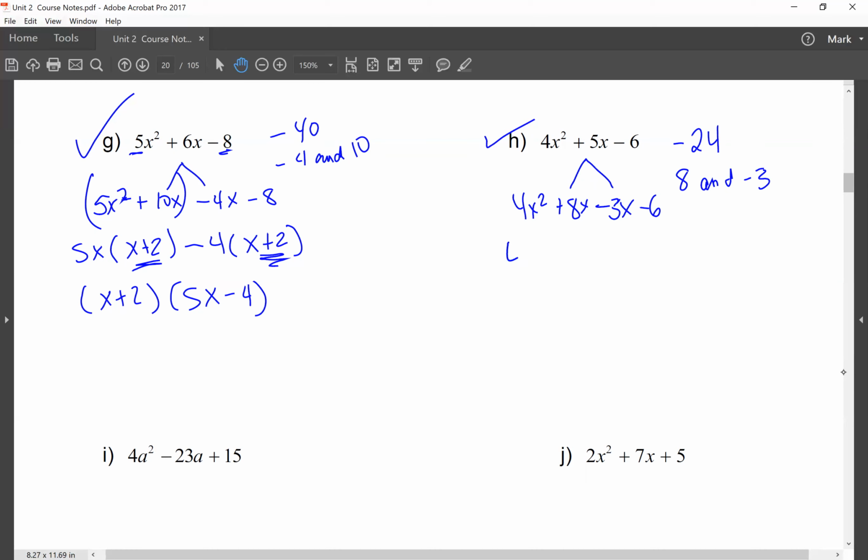I'm going to factor out from the first one a 4x, leaving me with x plus 2. And from the second one, I'm going to factor out a negative 3, also leaving me with x plus 2. And then there we go. There's my answer. So x plus 2 and 4x minus 3. There we go.